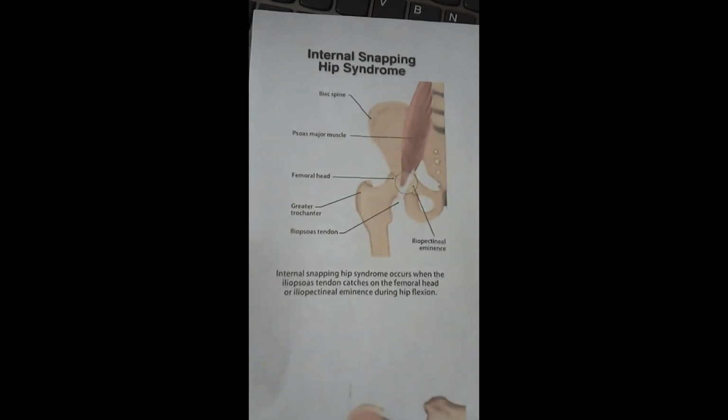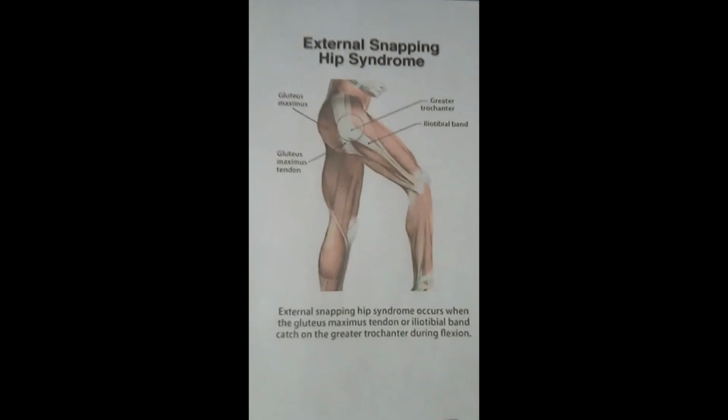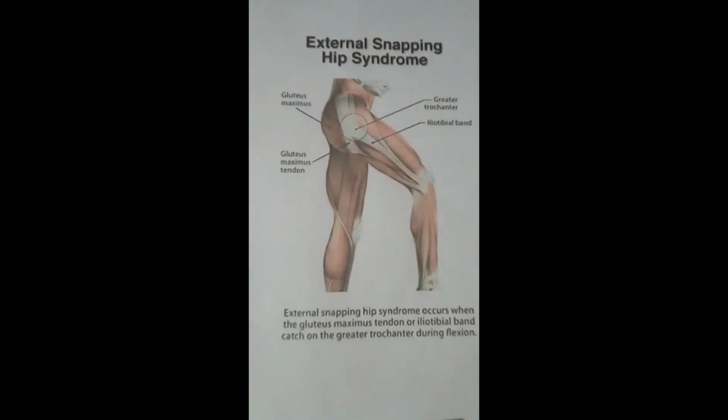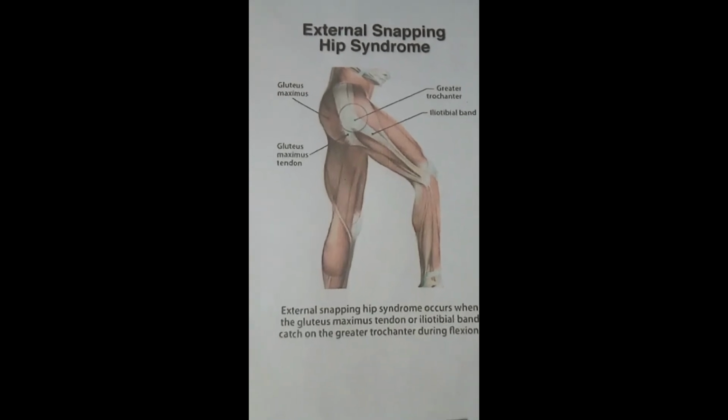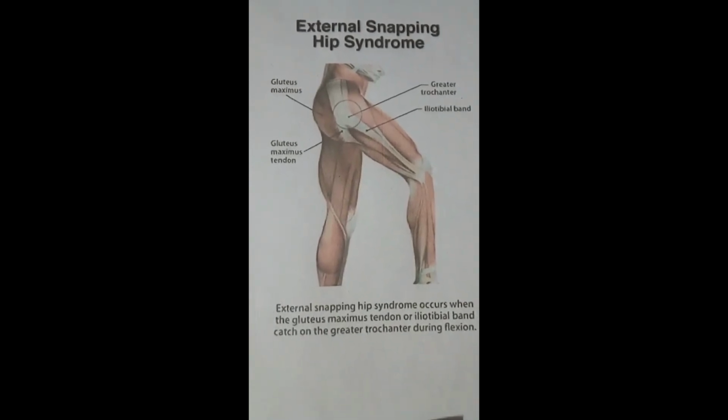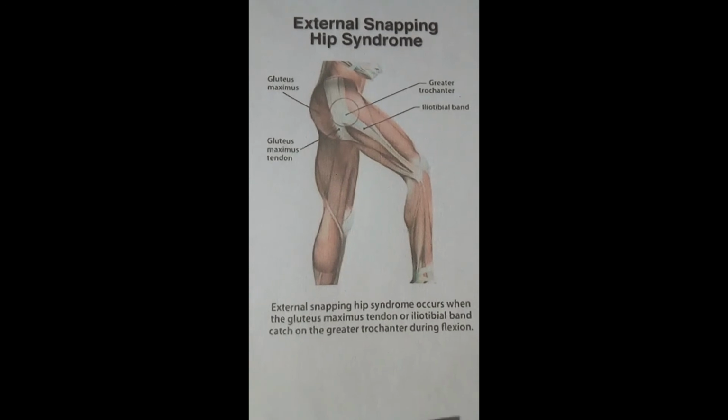So then we have the external snapping hip. And the internal, by the way, is sometimes also known as iliopsoas tendinitis, because of that tendon being the one that gets caught.